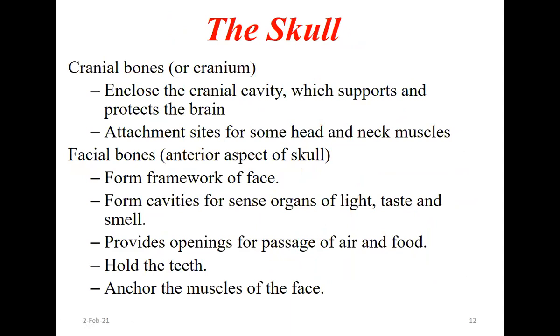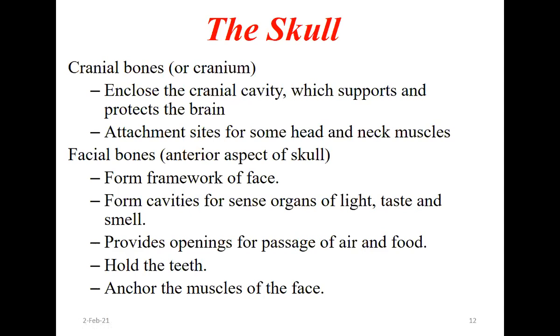If you see the skull, it has two parts. One is called the cranium, also called the cranial bones, which will be around the brain. It encloses the cranial cavity inside the skull.